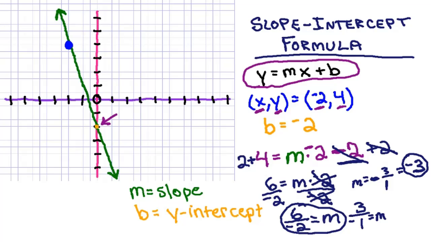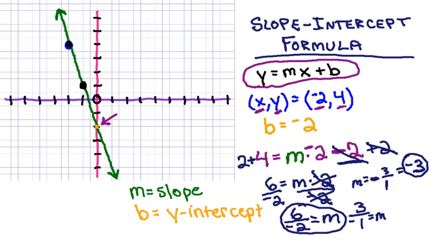So that's the slope. Now let's look over on our graph and check our work and see if we got the slope right. If you remember, we're going to find our blue dot, our original dot, our xy value up here. And then the next time this line crosses an intersection of an xy value is going to be right here.